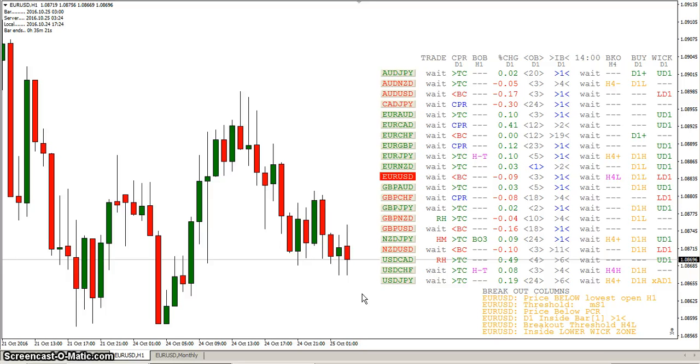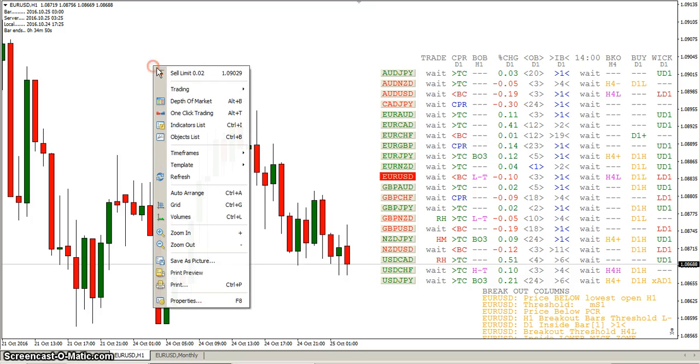Well, that didn't work very well. But if you do MODE_BID or MODE_ASK, then that will return zero if that pair is not on your platform. So that's just something for the coders out there. Anyway, that's how you fill up the screen with all the pairs that you can trade.